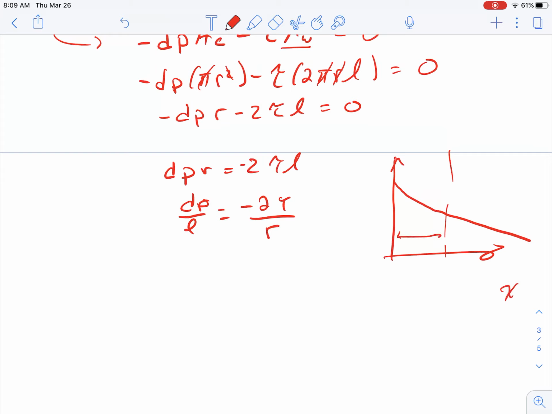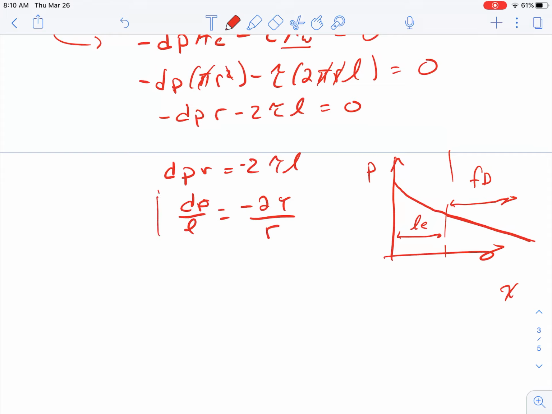And then we have our entry length here, L_E, where we have this nonlinear decrease of the pressure, and then over here where it's fully developed region, that's where we have this very linear decrease. So delta P over L. And what is that linear decrease? It's actually minus 2 tau over r.